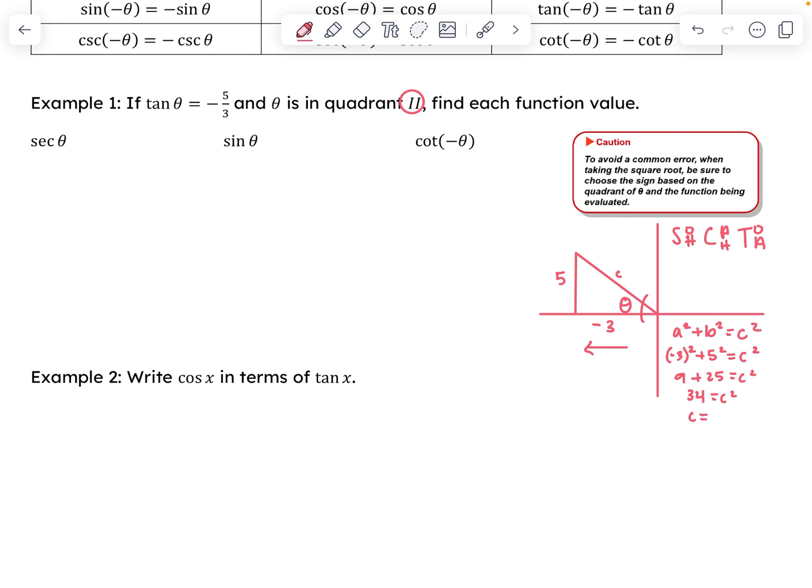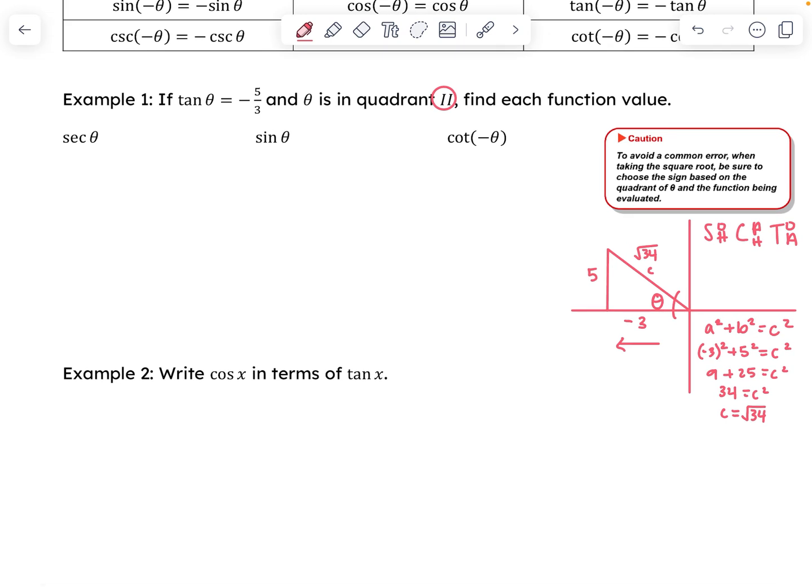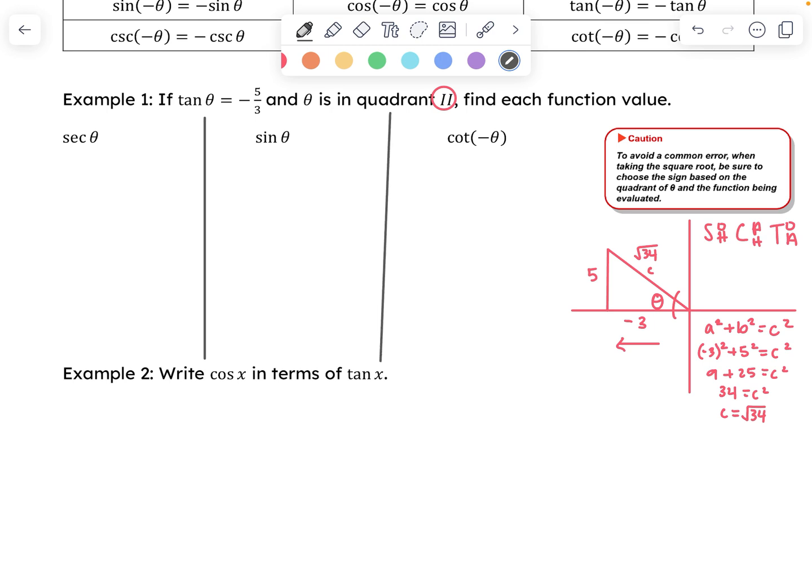So that means that my c is the square root of 34. I can come up here and say that my hypotenuse is the square root of 34. And then I've got my sides, and I can come over here and start filling in these. So just to help me out a little bit, I'm going to draw some dividers. We're looking at secant of theta, sine of theta, and then cotangent of negative theta right there.